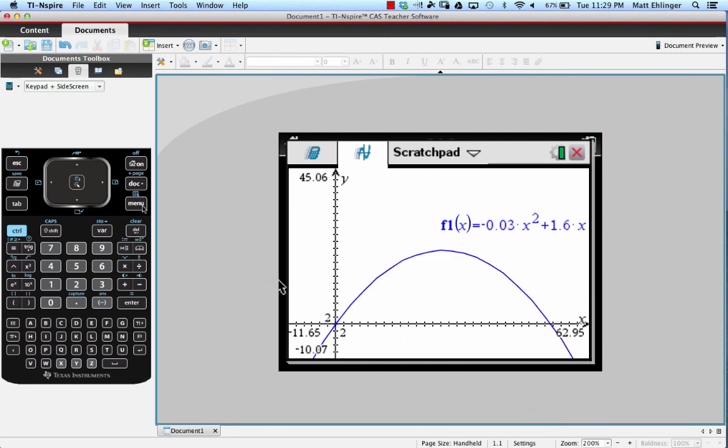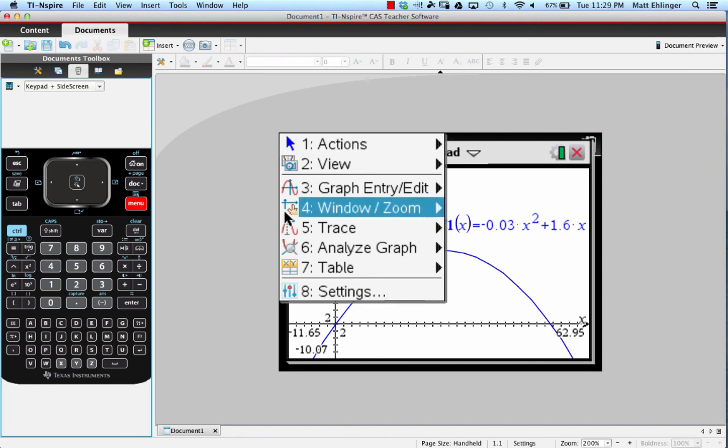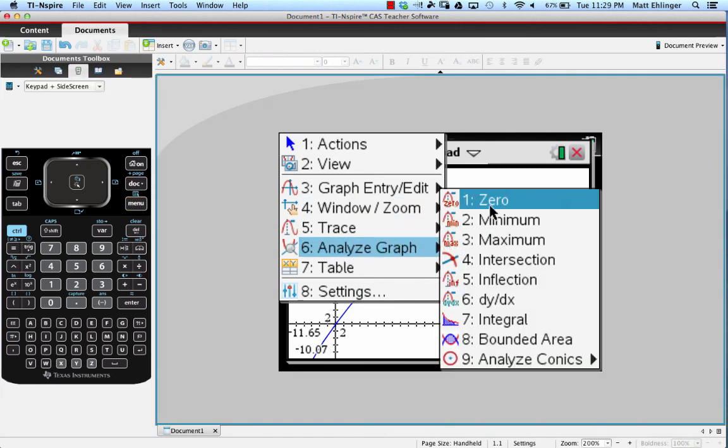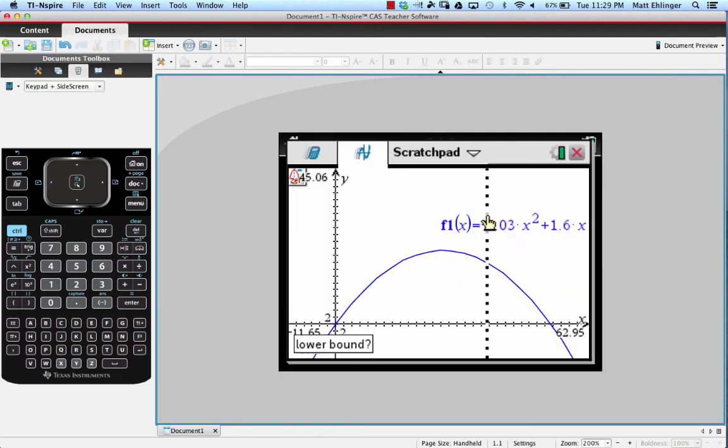So we've got to go to our menu. We're going to analyze the graph, and have it calculate the zeros for us. Remember the lower bound means how far left, the least x value that you want the calculator to look for the 0.